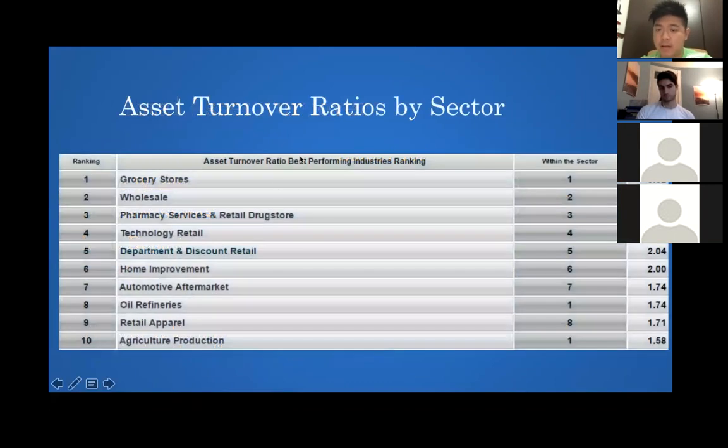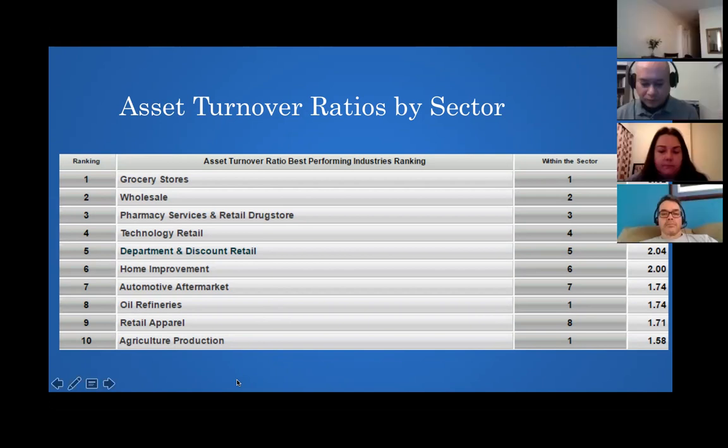And this next slide just shows you what the ratios are by sectors. I believe I pulled this off the internet. I think these are the top companies, what their asset turnovers were in their sectors. So for instance, grocery store, the top company might have a ratio of 3.02. I just put this up there so you can see how they vary depending on sectors.